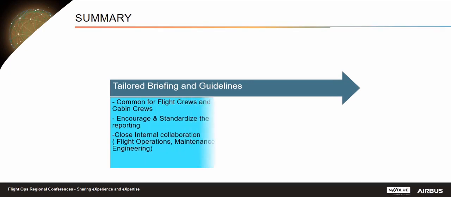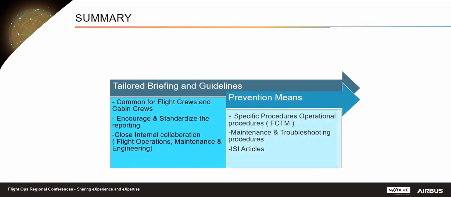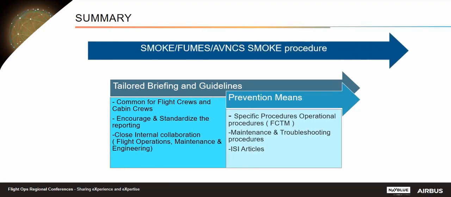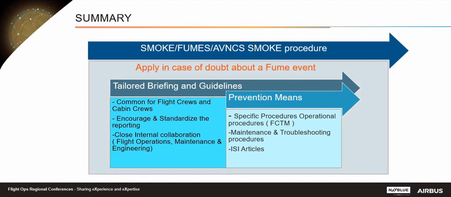So to summarize this briefing, to manage fume with odors, we have the following steps. First, we have the prevention means with some dedicated procedures and techniques in the FCTM and in the FCOM. We also have some maintenance and troubleshooting procedures for the prevention means, and some useful information in the ISI article.